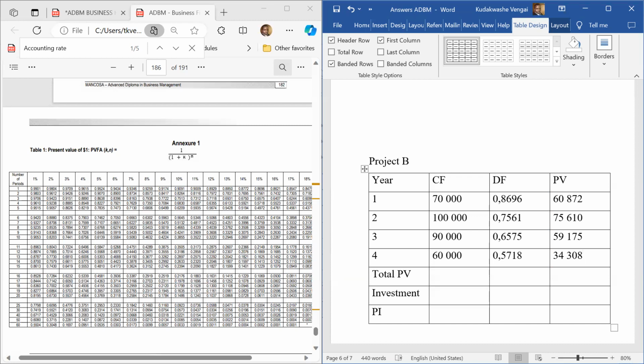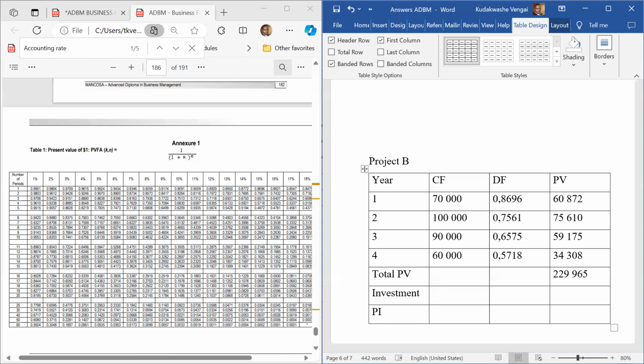So 60,872 plus 75,610 plus 59,175 plus 34,308 gives me my final figure of 229,965. So that's my total present value there.